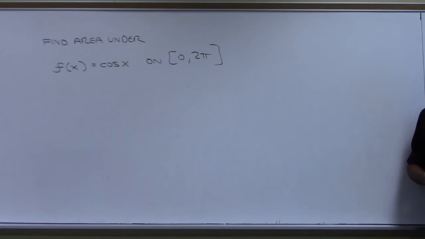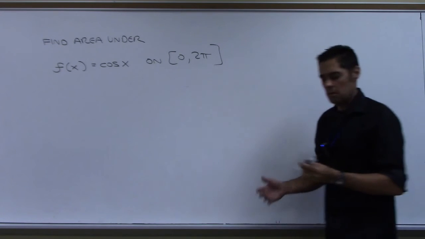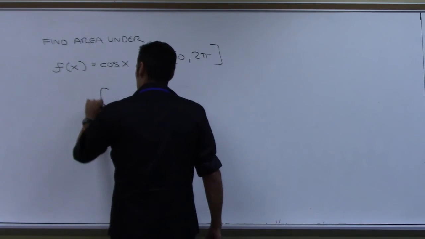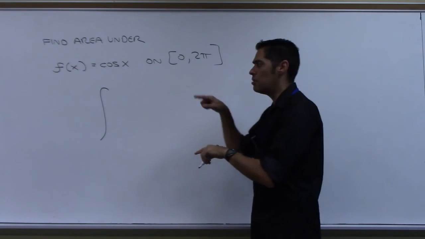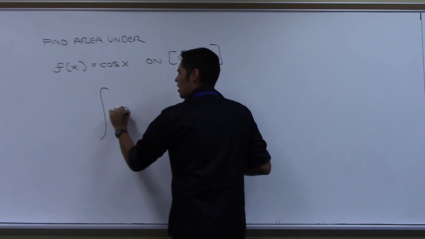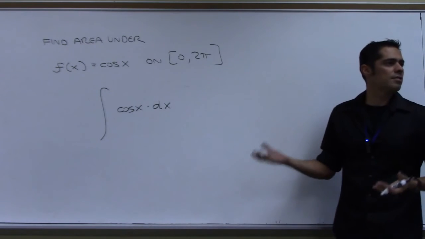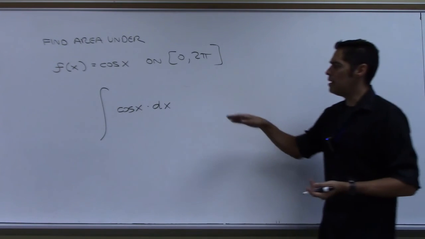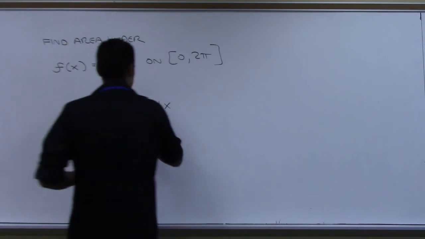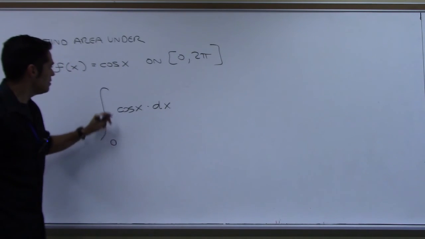All right, find the area under the curve. So that means I need to set up an integral, and the height of each of the rectangles should be cosine x, the function, dx. So dx is still always going to be there because the width's always going to be dx. What are the numbers I put here? 0 and 2 pi.